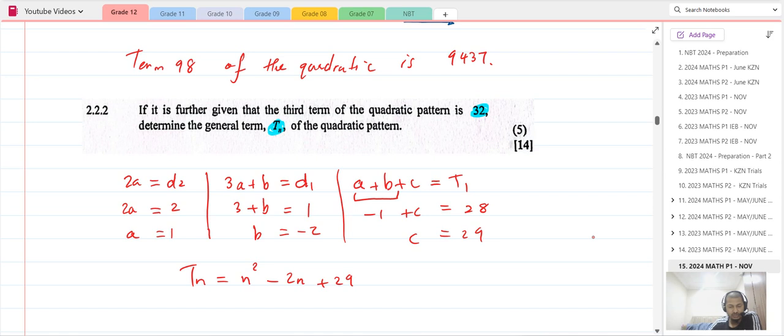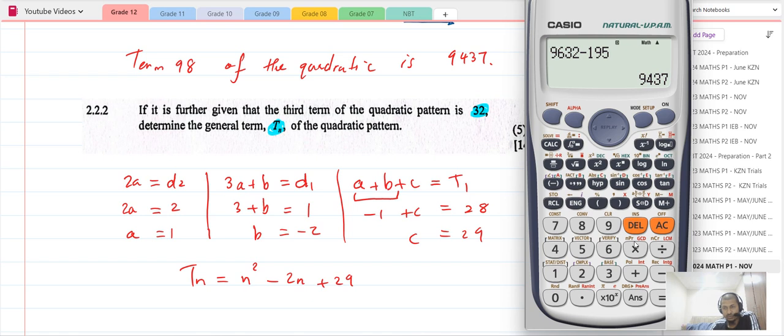Now we need to check this. Let's substitute term 3, because we had term 3 is 32. So 3 squared minus 2 times 3 plus 29. Perfect, we're getting 32. Let's try the other one, 99.